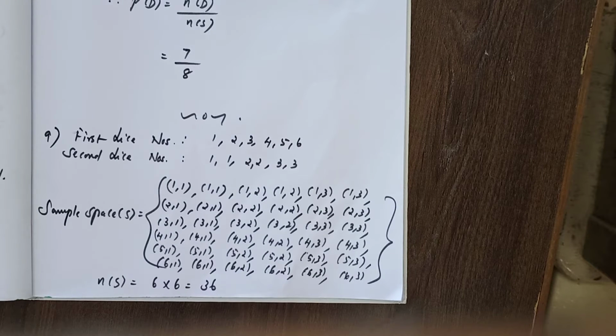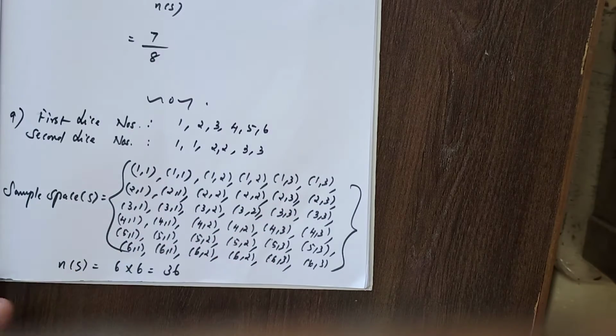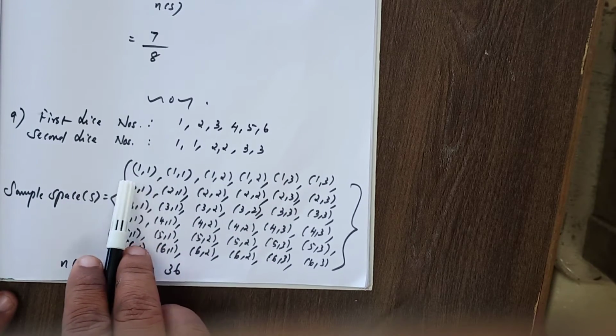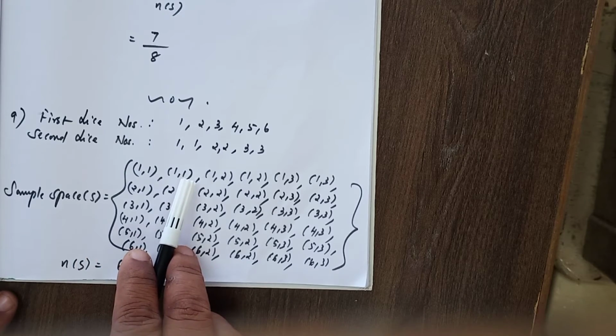So n of S equals 36. Now you are asked to find the probability of sum from 2 to 9 separately. We start with 2. A is the event of getting a sum 2. For sum 2 we have 1 comma 1 and 1 comma 1. If we add, we get 1 plus 1 is 2, 1 plus 1 is 2.